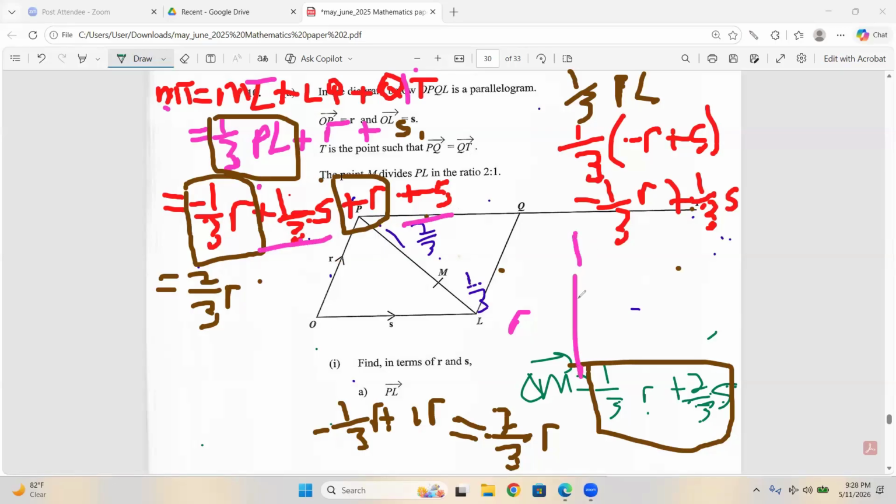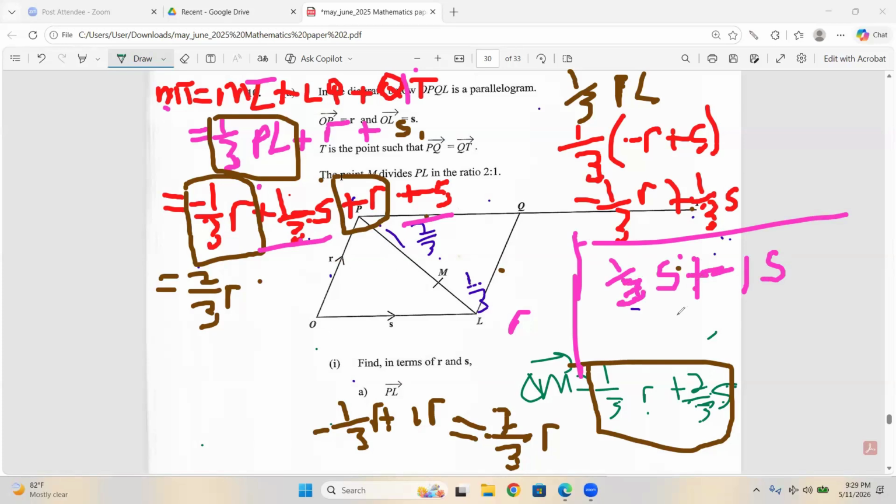So we can work them out. I'll work it out over here. 1/3 S plus S, which is 1S.